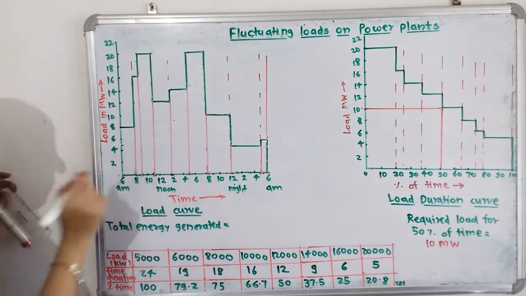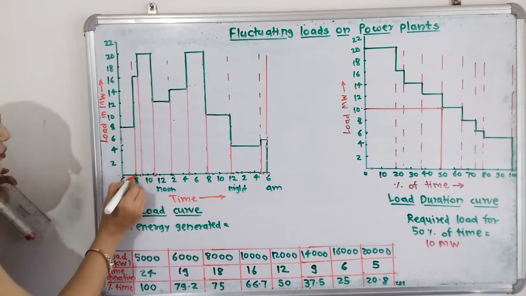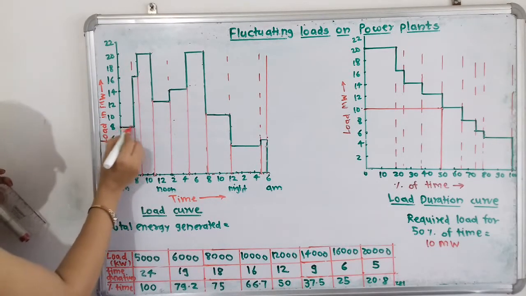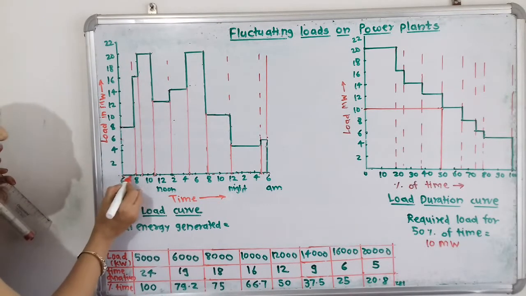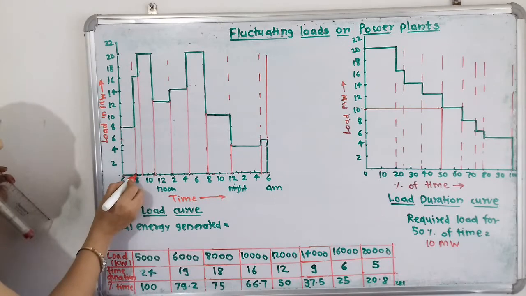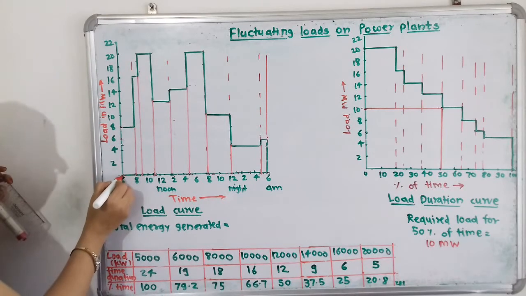Suppose how to calculate this first part. This first part is in the form of a rectangle. So how to calculate the area? This horizontal distance is in hours, that is time, 6 to 8, that is 2 hours. And this vertical distance is the load in megawatt, from 0 to 8.